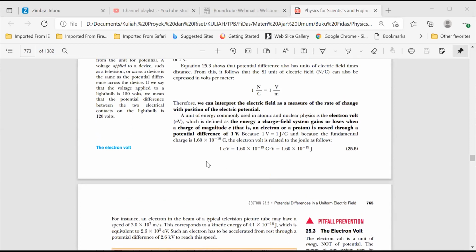This is the unit. We also have a unit we call the electron volt. The electron volt is the energy a charge-field system gains or loses when a charge of magnitude e, that is an electron or proton, is moved through a potential difference of 1 volt. So 1 electron volt is equal to 1.60 times 10 to the minus 19 joule.